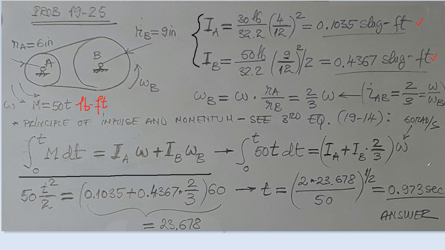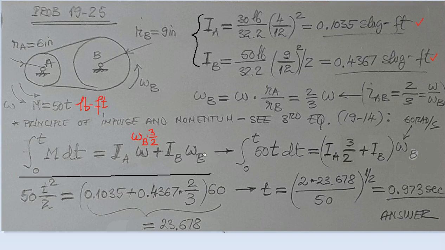I can stop this or pause it. Okay, so I'm back. I fixed my equations. The principle of impulse and momentum equation: mass moment of inertia of the flywheel times the omega of the flywheel plus mass moment of inertia of the disk times the omega of the disk.